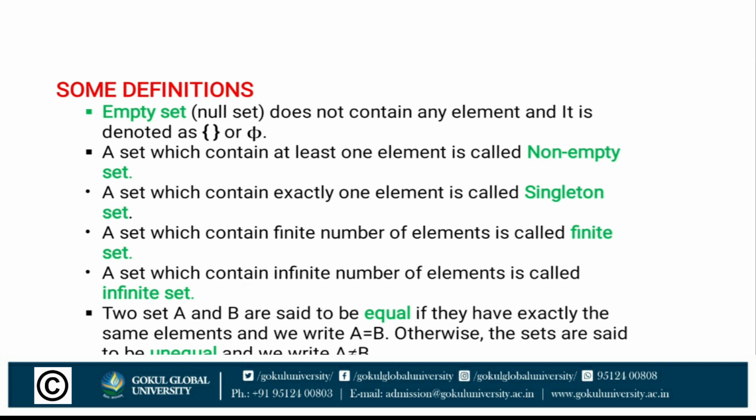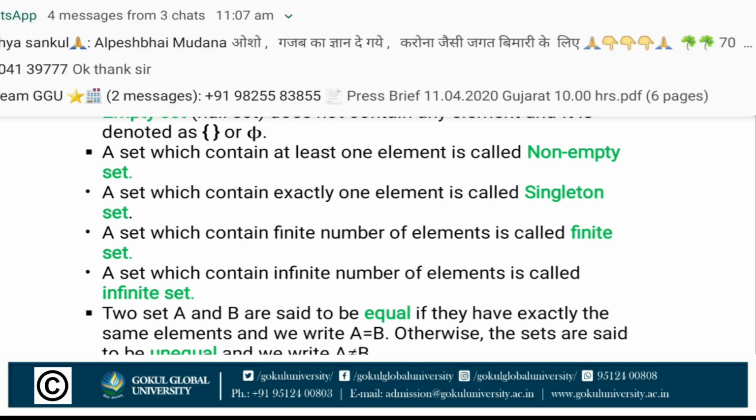A set which contains exactly one element is called a singleton set. A set which contains a finite number of elements is called a finite set. A set which contains an infinite number of elements is called an infinite set.